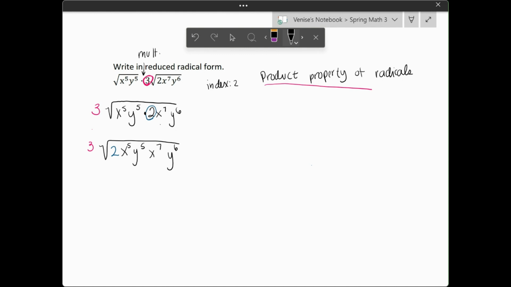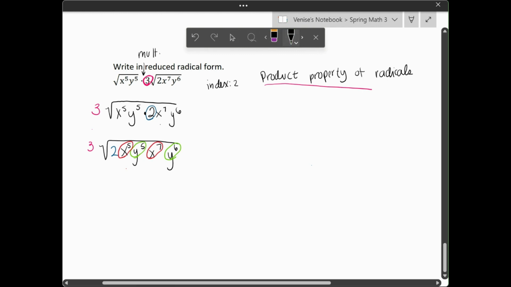Okay, this is why properties of exponents is very important. Here we have x and x. Here we have the same base, and it's multiplication. And here we also have the same base and we're multiplying. So let's rewrite this again.